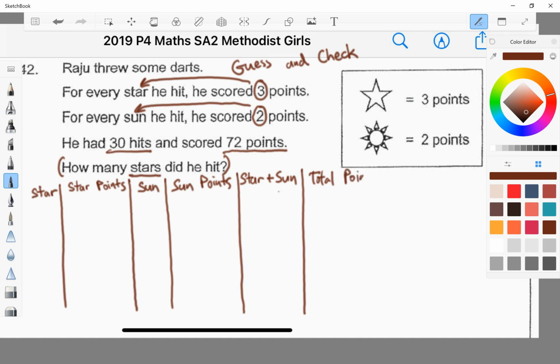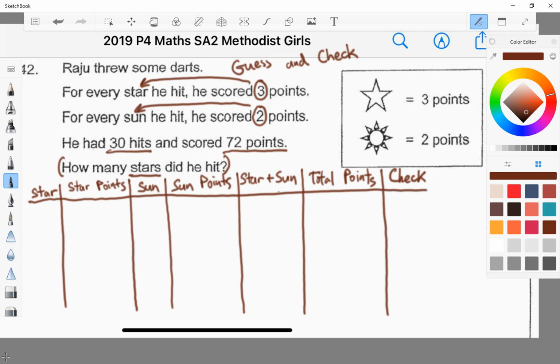Last but not least, since this is guess and check, which the children actually start to learn in Singapore when they are in primary 3 or 3rd grade, the same as their counterparts in other parts of the world, there must be a check column. So we have a check. Then this is our heading, and we have to double check that indeed we have 7 columns. Yes, so now that we have 7 columns, how should we proceed?